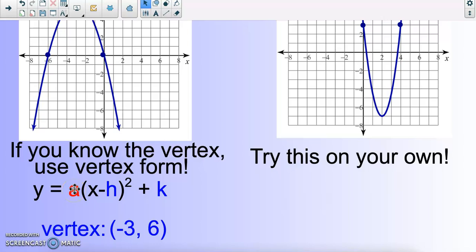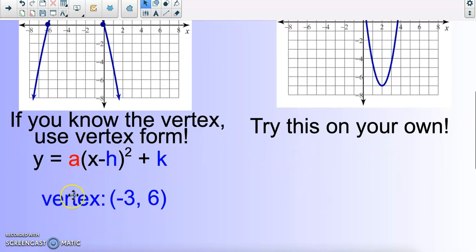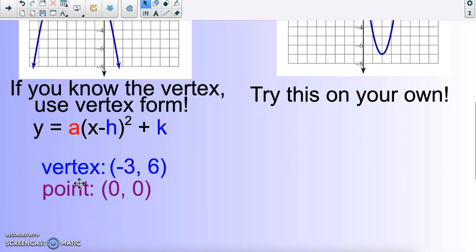But that's okay, because I happen to know 2 points that aren't the vertex that this parabola will pass through. So if I pick one of those 2 points, either -6, 0 or 0, 0, I'm going to pick 0, 0 because 0 is such an easy number to work with. I can plug in this h, this k, this x, and this y, and I can find my a.